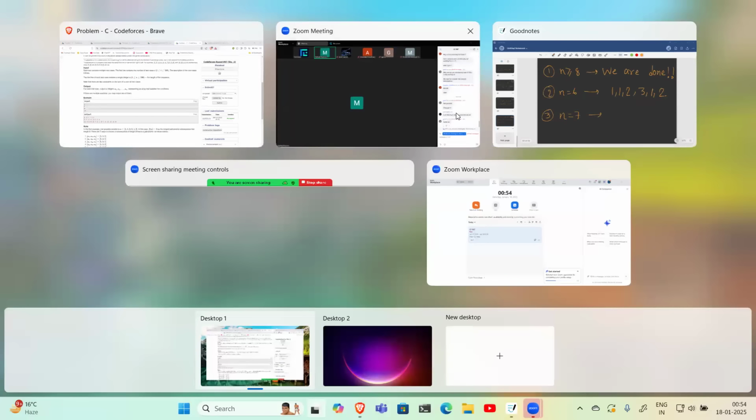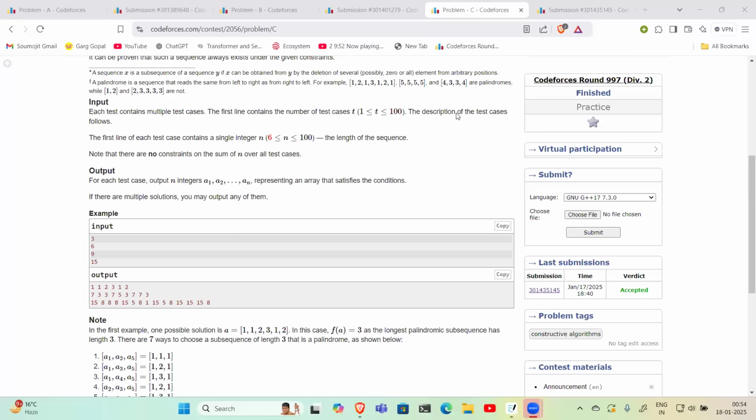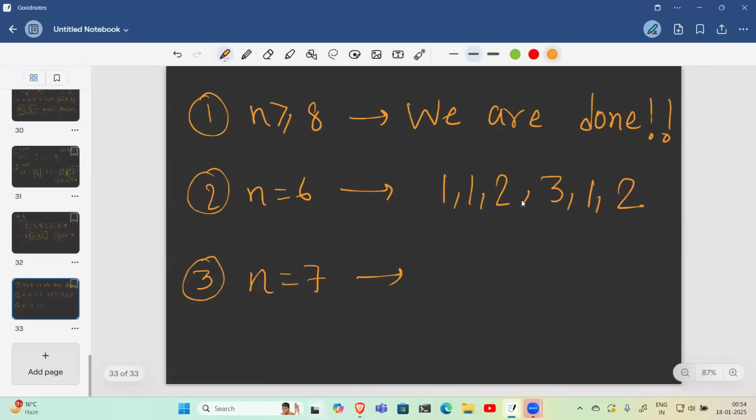Just add a distinct digit to the sixth answer. Let's see. Suppose for 6 we have 1, 1, 2, 3, 1, 2. And suppose we add one more distinct digit as you said. Let's add 4.